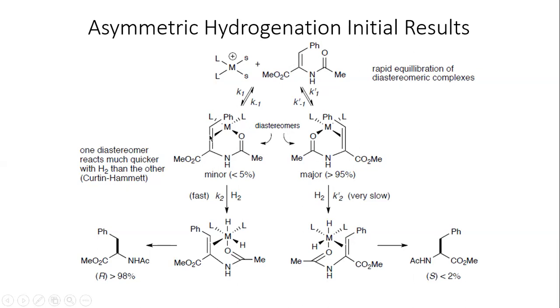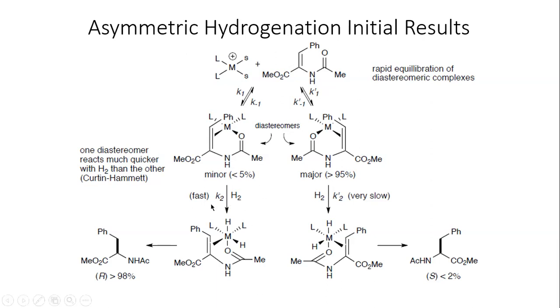But if there's another step that has to happen, that's what the Curtin-Hammett postulate says: if you have two competing diastereomeric transition complexes, two competing intermediates, one of them is going to react faster based on the energetic barrier to get to the next step.